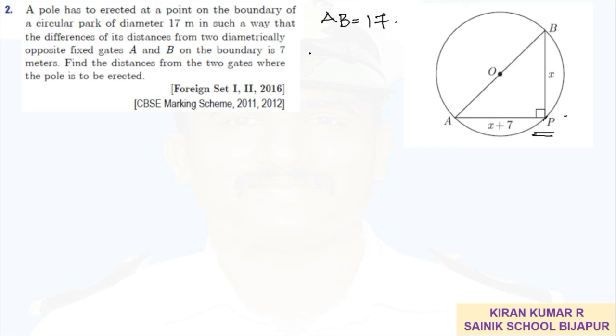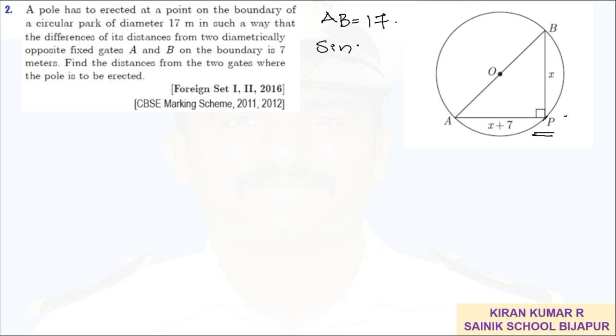If you observe properly, AB is the diameter. So we all have learned in our class 9th that a diameter subtends an angle 90 degree at the circumference.